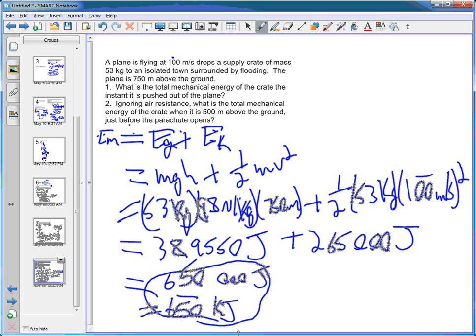Mechanical energy always stays the same, and provided there's no friction involved, that means it's always the gravitational potential plus the kinetic energy.